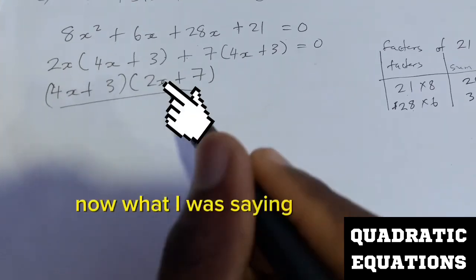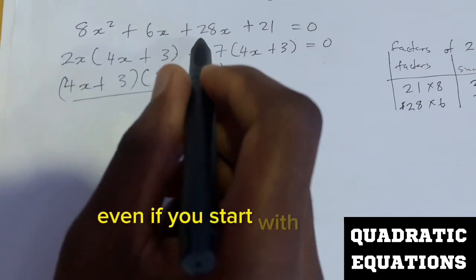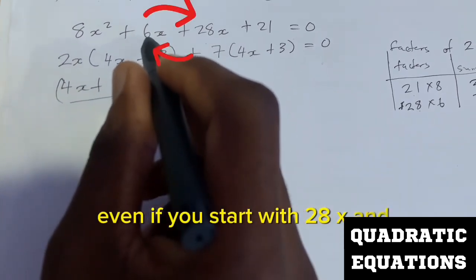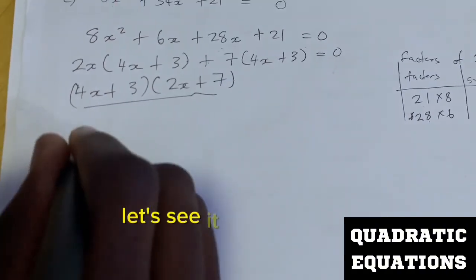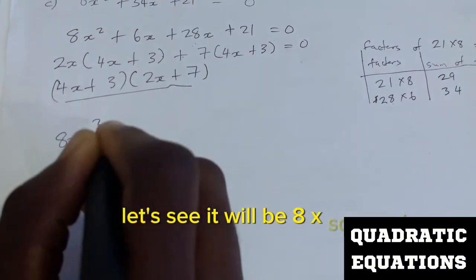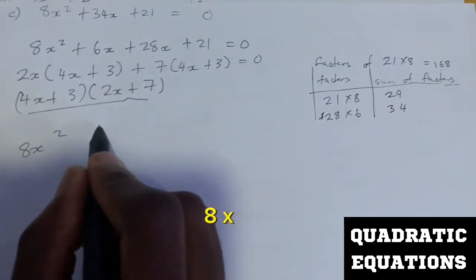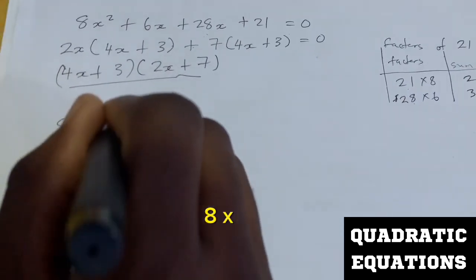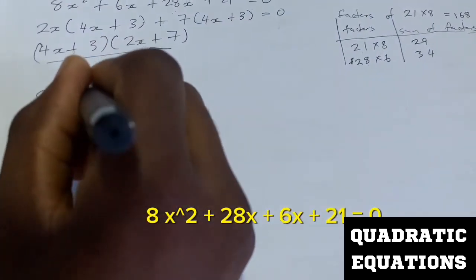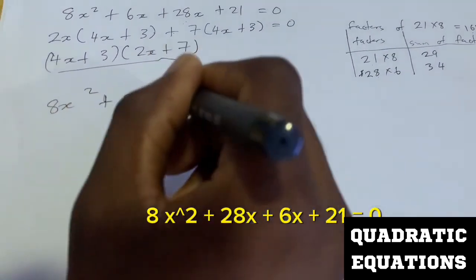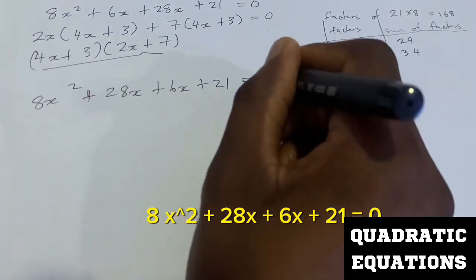Now, what I was saying is that it doesn't matter which way you arrange these factors. Even if you start with 28x and you put this 6 here, let's see, it will be 8x squared plus 28x plus 6x plus 21 equals to 0.